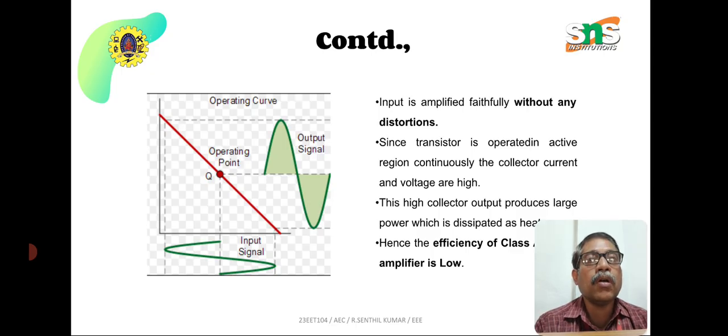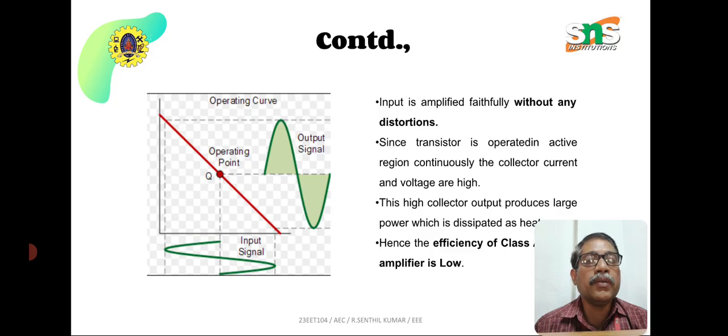This is shown with the help of the load line characteristics. The load line is in red color, which is tilted at 45 degrees. In the output characteristics of a transistor, the Q point is the center point or operating point, also called the quiescent point.